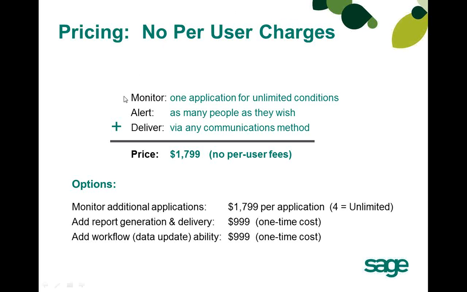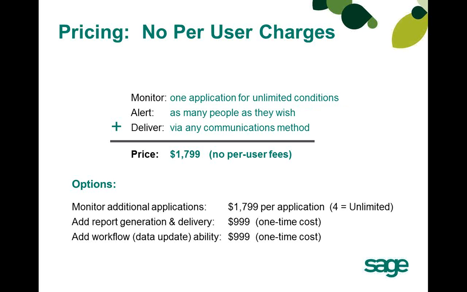So if we start up at the top of this slide, let's say that initially you want to use Alerts and Workflow to monitor your Sage ERP application. And that's regardless of the number of companies that you have set up within that application. But let's say that you want to monitor your Sage ERP system for an unlimited number of business conditions.